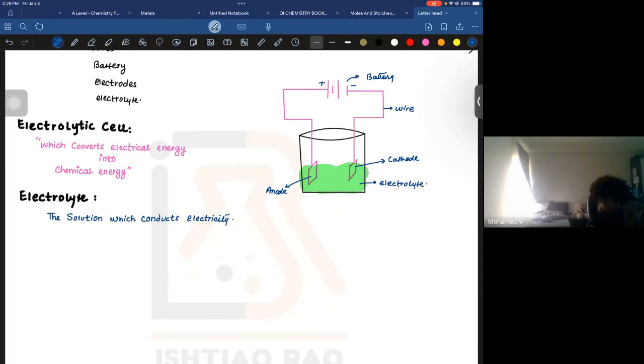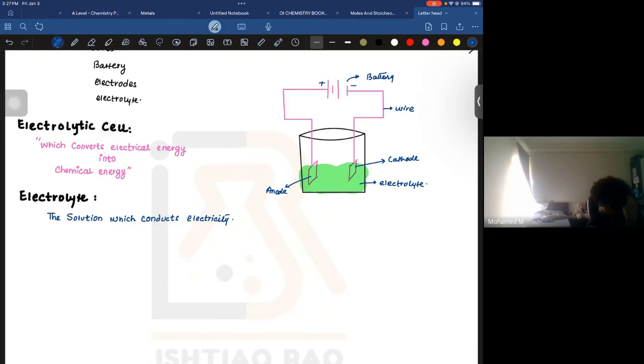Because in the solid state there are no free moving electrons allowing the charge to pass through them. Yes, basically whenever I ask about the conductivity of any ionic compound, you are supposed to refer to the number of ions, not the number of electrons.